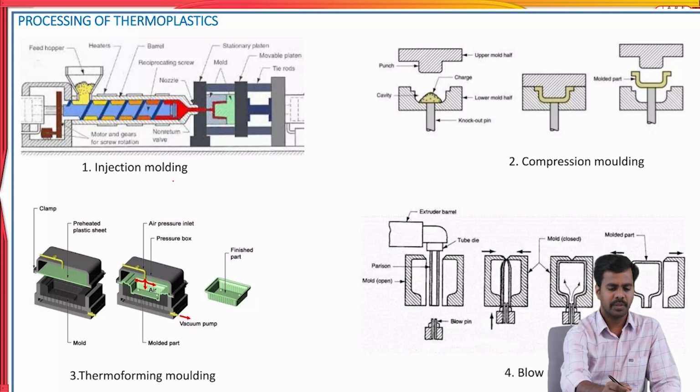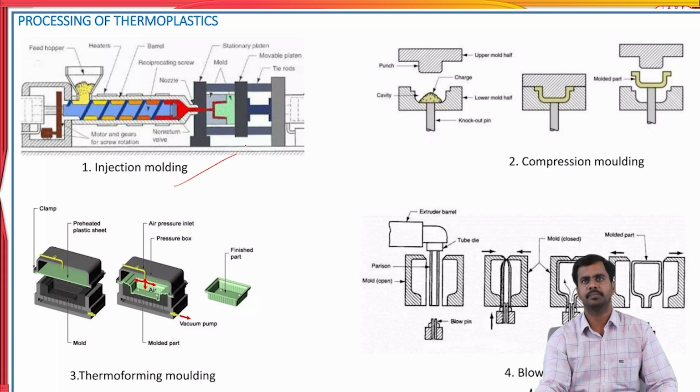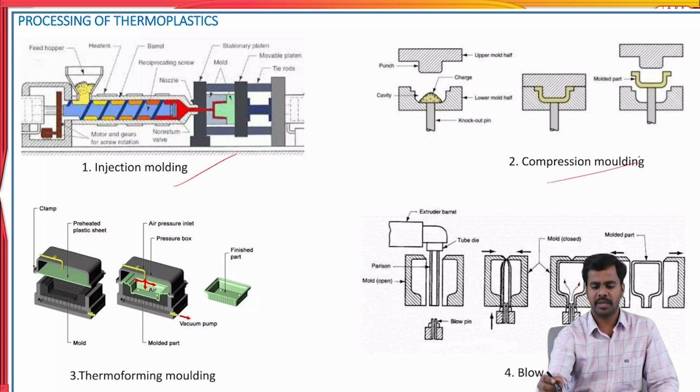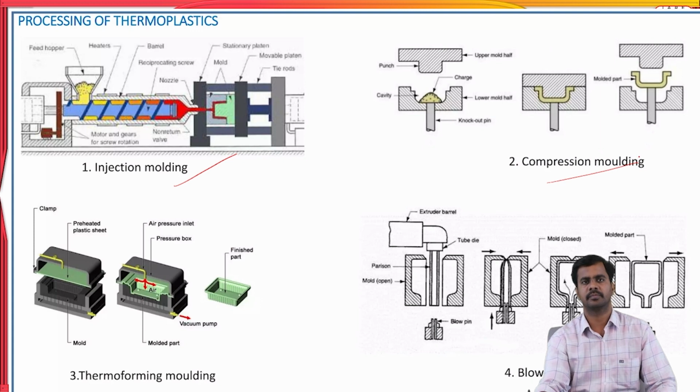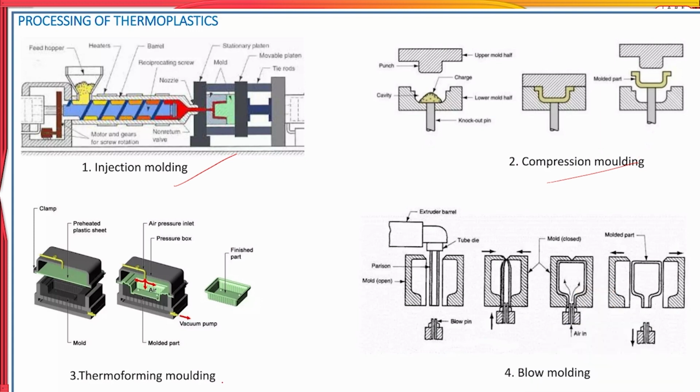The first one is the injection molding technique, the second one is compression molding, and the third is thermoforming and blow molding. So usually these four types of techniques are used nowadays to produce thermoplastic polymers.